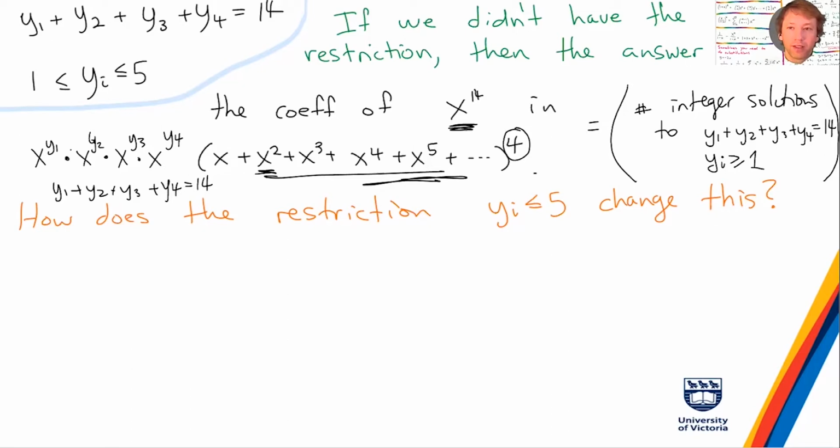If I want to change the question to a restriction that yi is at most 5, I change my generating function.